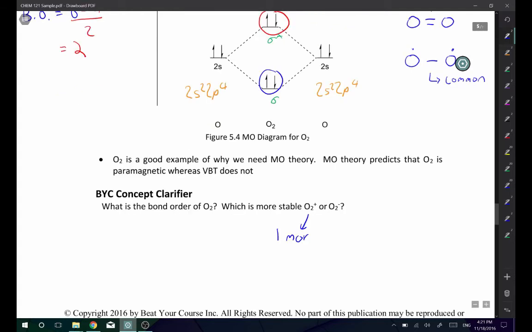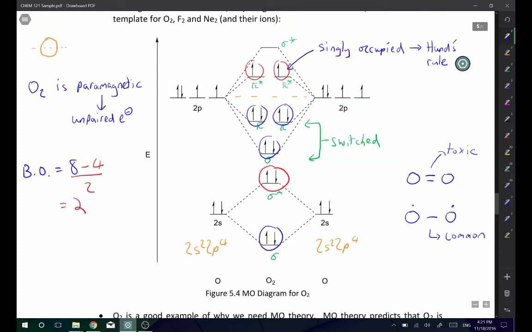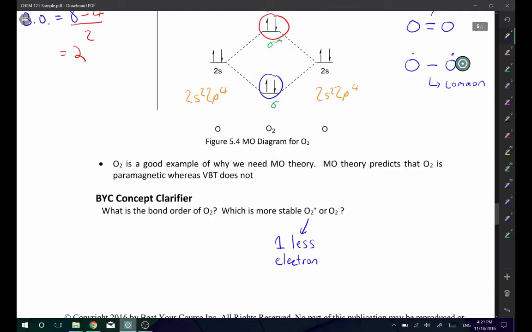If it's O2 plus, sorry, I was going to do O2 minus first. So one less electron. That doesn't give you all the information you need. For O2 plus, if you're going to have one less electron, it's going to be one less anti-bonding electron, okay? So you have one less anti-bonding electron.